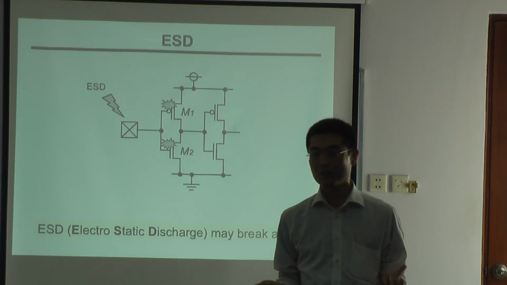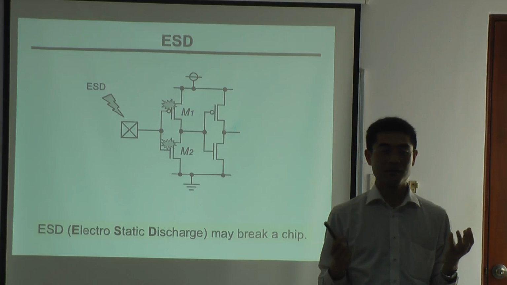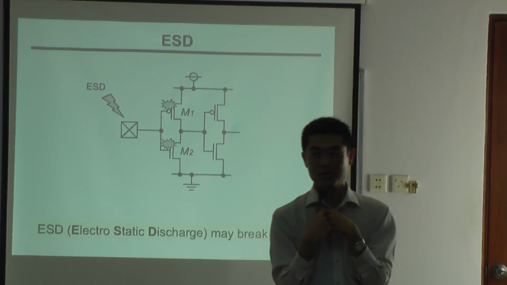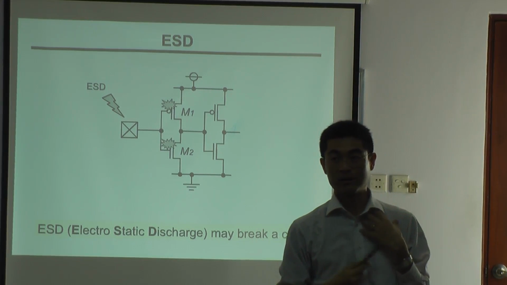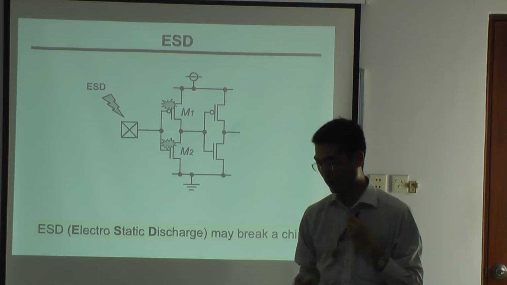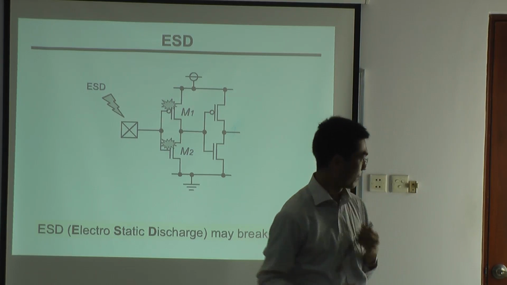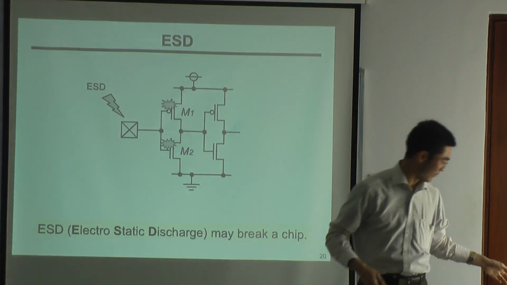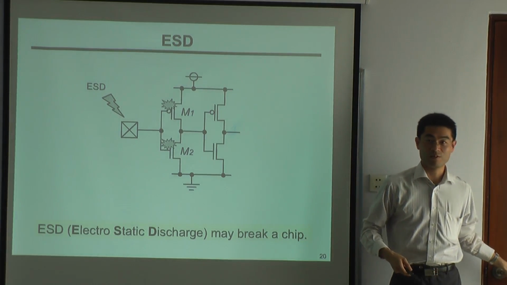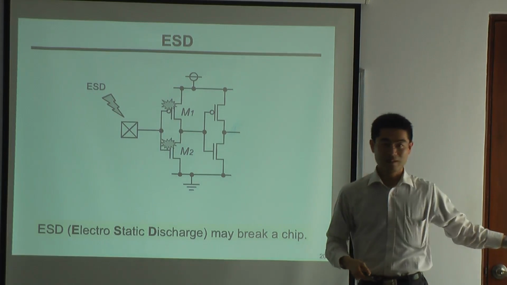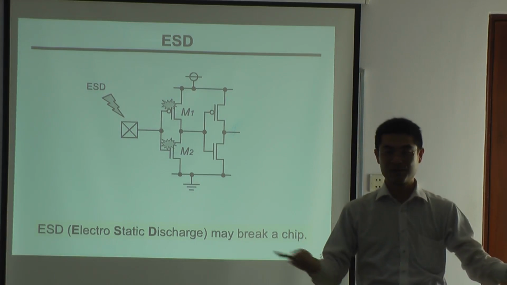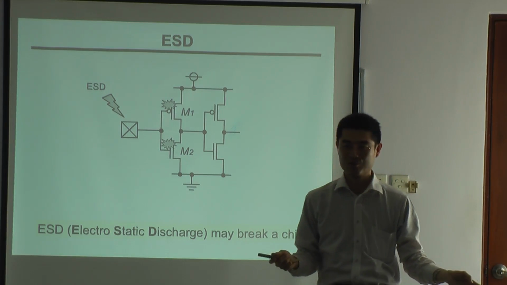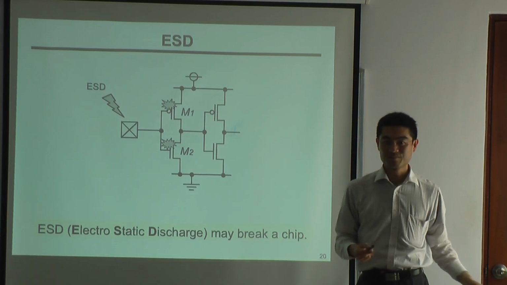In the dry, cold atmosphere, sweaters make charge on our body. So when we touch, for example, a door, we get an electric discharge. It happens in Japan.